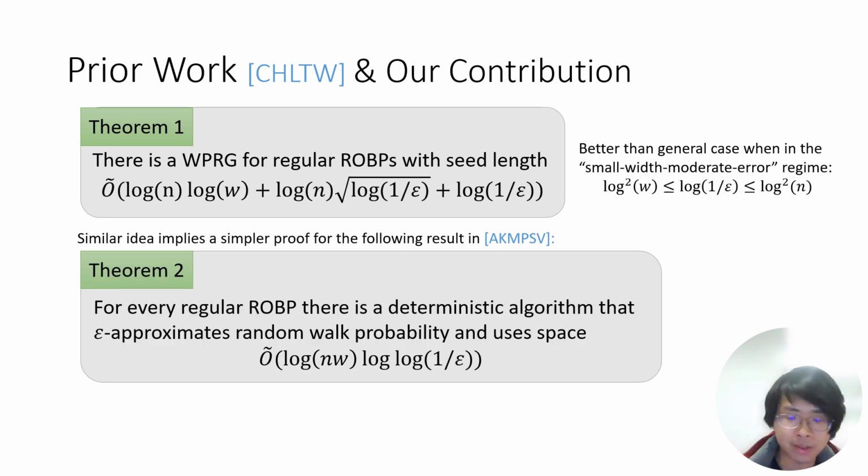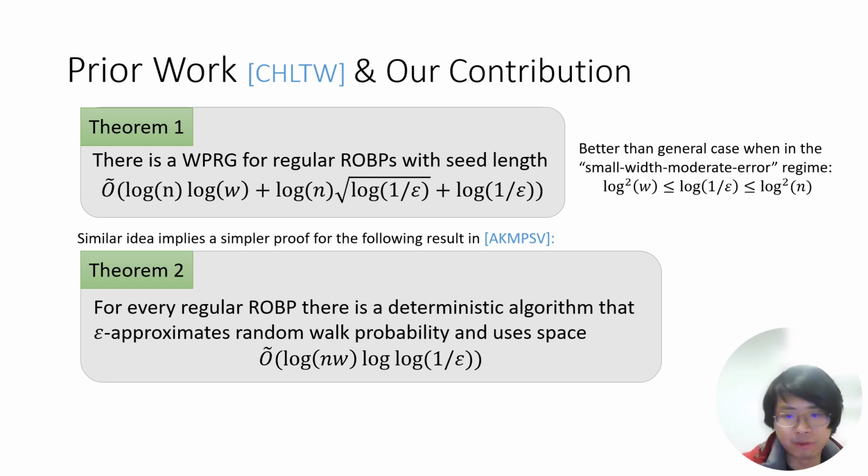And the second theorem is that with a similar idea, they can actually get a simpler proof for the white-box derandomization result that we mentioned a few slides ago, which shows that we can approximate the random walk probability in the regular branching program in almost optimal space.